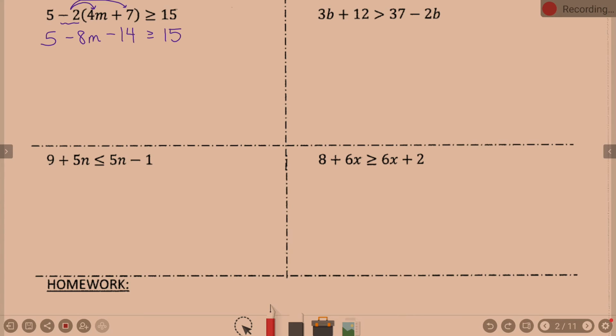Okay. On the left, I see like terms. I've got a 5, and I've got a minus 14 there. They're already on the same side of the inequality, so put them together. What is 5 minus 14?